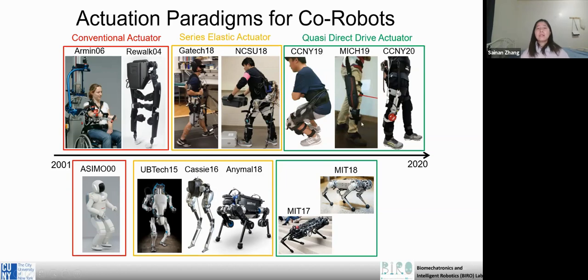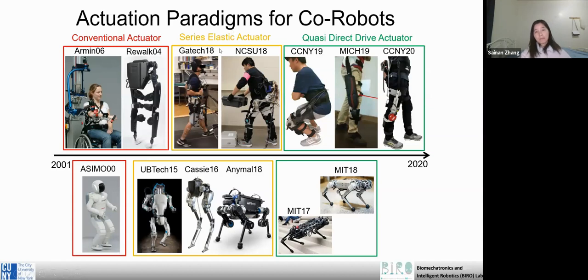These 3 actuators are very popular in the world now, and began 20 years ago. There are a lot of robots in the world. Earlier, researchers preferred to develop the conventional actuator, including in the hand exoskeleton, robot exoskeleton, and humanoid robot.